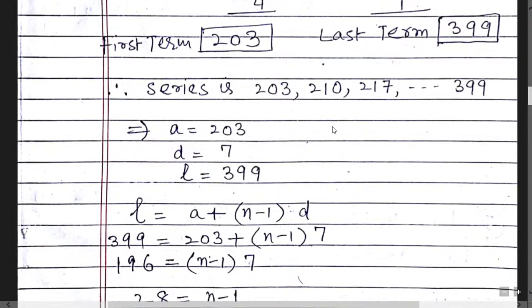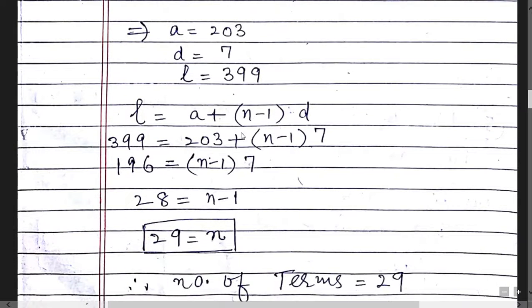Now you can write the series 203, 210, 217 and 399. It means the first term is 203, common difference is 7 and the last term is 399. Now what is the formula for last term? It's a plus n minus 1 into d.